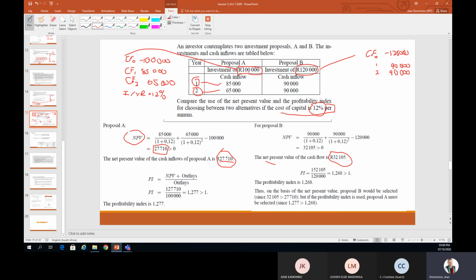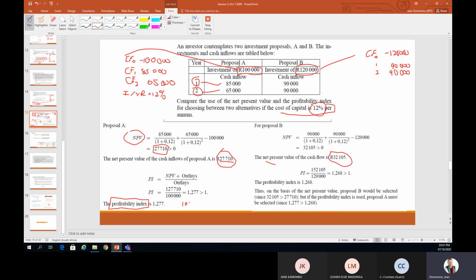So you need to look at what they call the profitability index, which goes back to the original investment and asks on which proposal you did best.